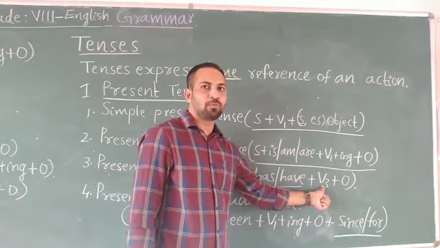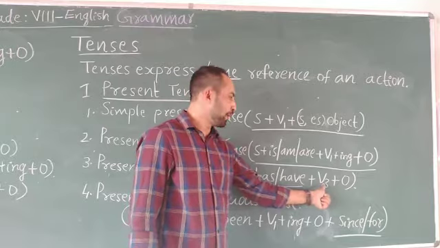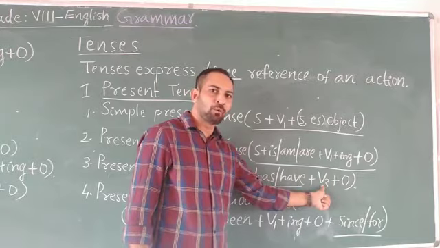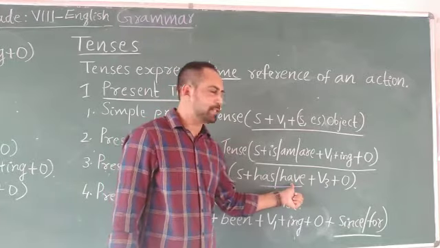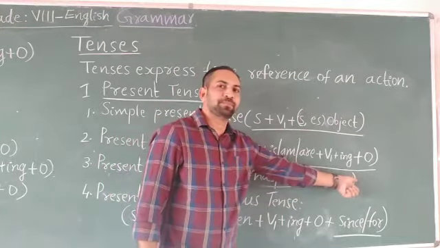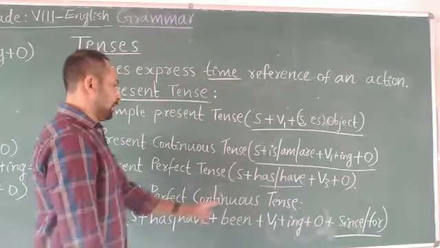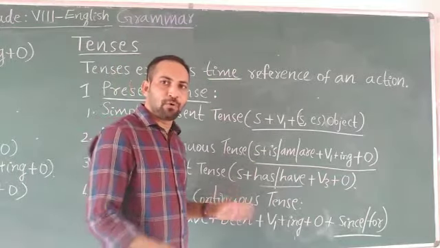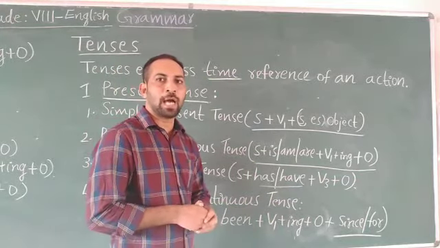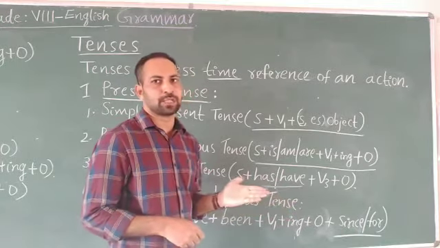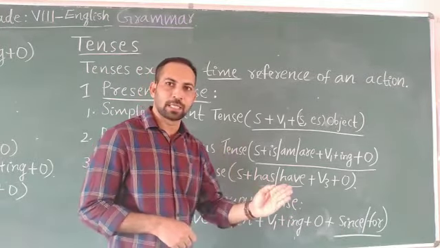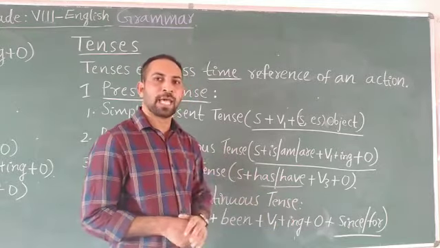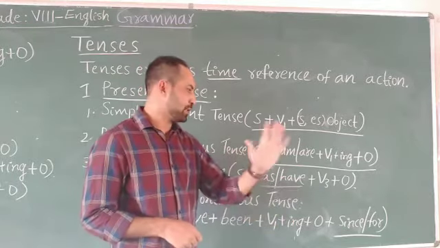Always remember, the V3 form of the verb we have to use with has or have in the perfect tense. Plus object. For example, I have studied English. He has studied English.